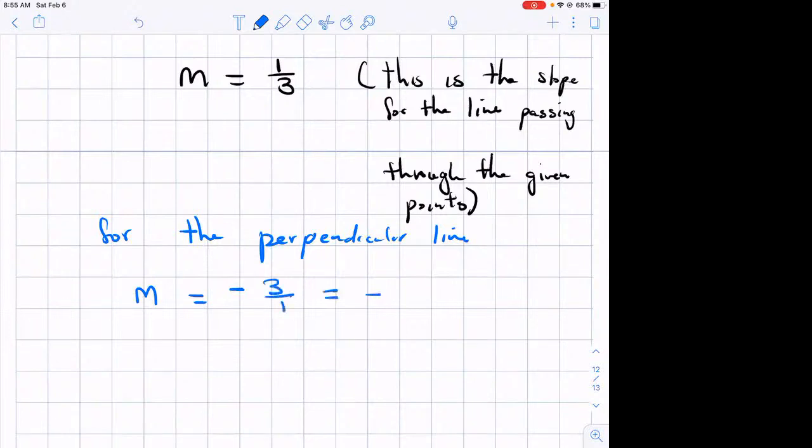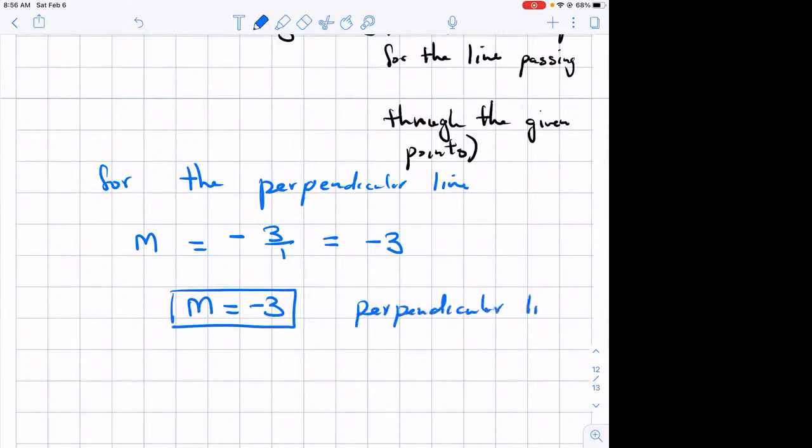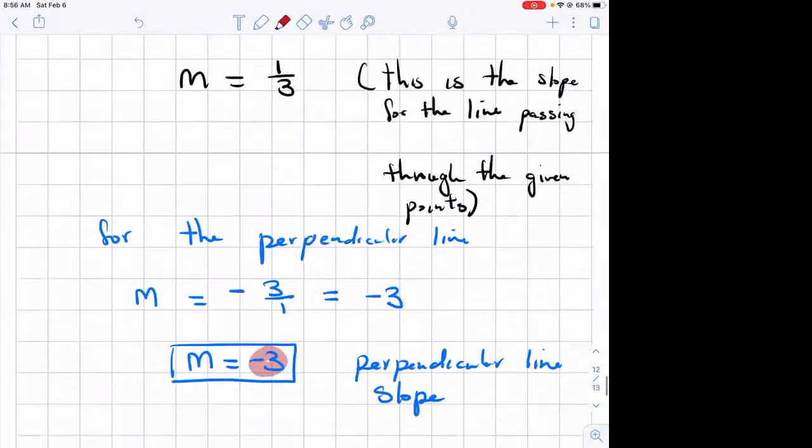And that becomes negative 3. So the answer, m is equal to negative 3. This is the perpendicular line slope. Notice, as I said before, one is negative and one is positive. And this will always be the case for perpendicular lines.